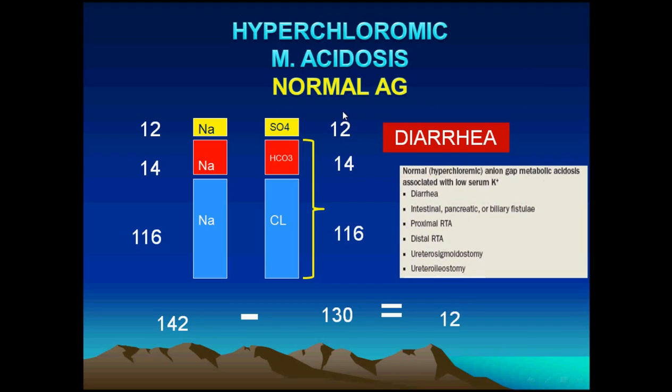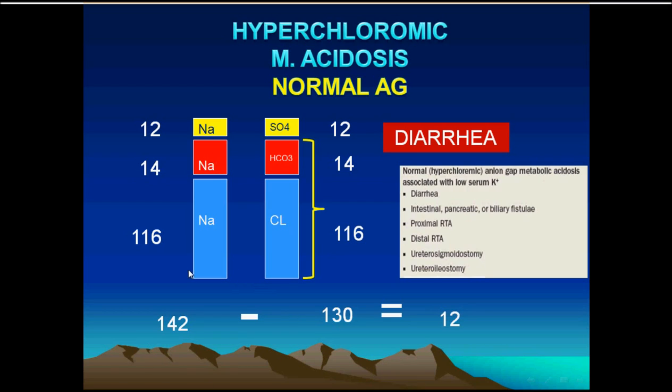When we look at metabolic acidosis, is it with high anion gap or normal anion gap? In this case, this is a normal anion gap. Metabolic acidosis means a decrease in the bicarbonate. The patient has diarrhea, is losing bicarbonate, but at the same time gaining chloride. As we have mentioned before, this is electroneutrality. So loss of bicarbonate is associated with a concomitant increase in chloride, and the two together will be 130.